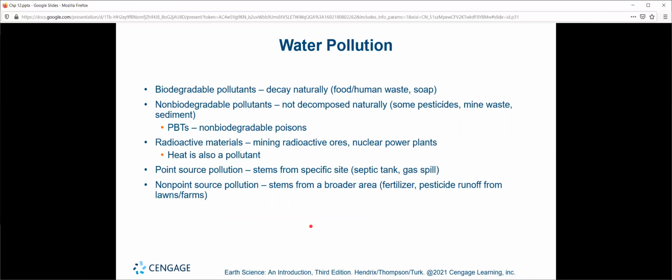And beyond point source pollution, we also have non-point source pollution. This is the broader idea. Large farms have this issue wherein if you have a large swath of many farms in the location, that entire surrounding area is going to have some sort of pollution from fertilizer, pesticides, what have you, but you can't exactly point it back to a specific farm, because all the farms are using these things, all the farm water is being recycled back in, causing these issues.